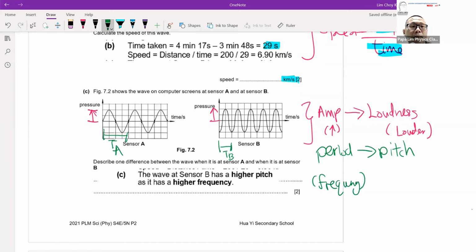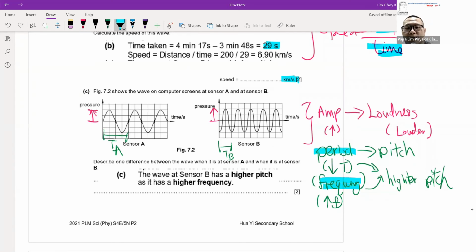For example, most of us will say that the higher the frequency, the higher the pitch. Or sometimes we reverse it and say the lower the period, the higher the frequency. It depends on how you want to look at it. But one thing for sure is that the frequency and the period determine the pitch.